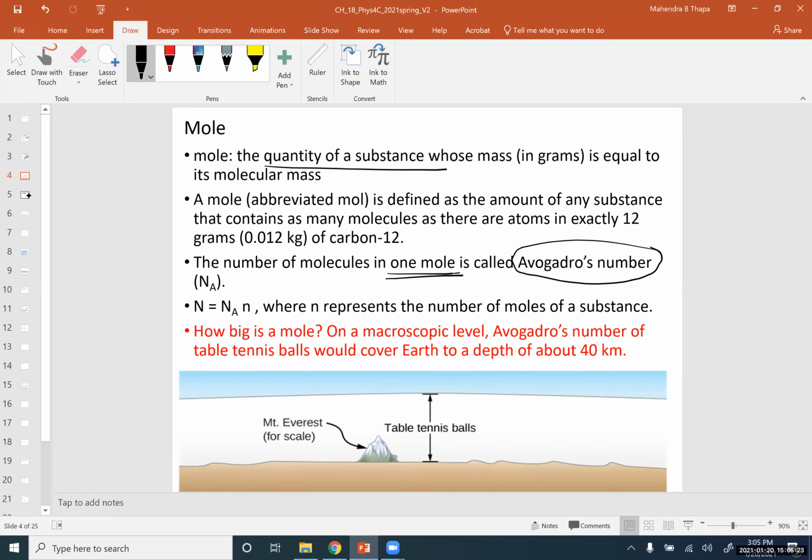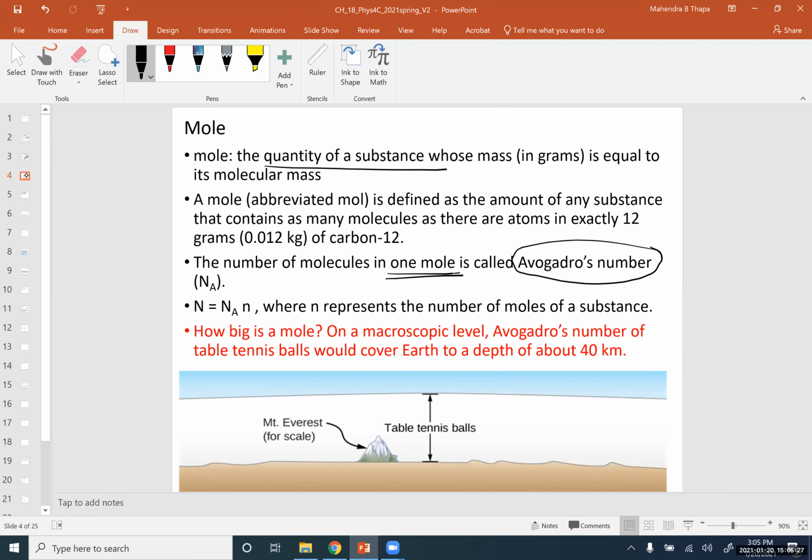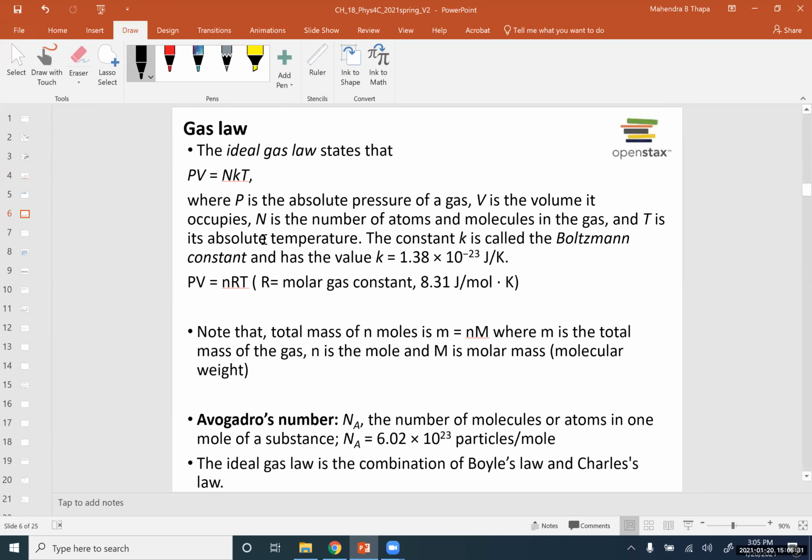This number is always the same for all molecules if you take 1 mole of substance. Let's see that number here. This number is exactly 6.02 times 10 to the power 23 particles per mole.